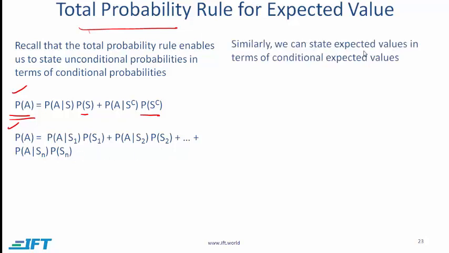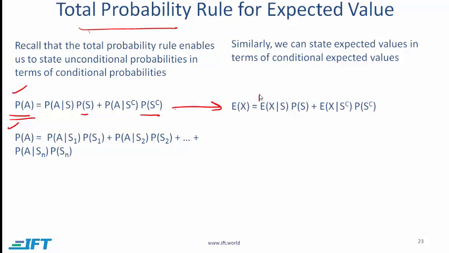We can state expected value in terms of conditional expected values also. The expected value of a random variable x can be written as the expected value of x given s times the probability of s, plus the expected value of x given not s times the probability of not s. Look at the similarity between these two expressions.